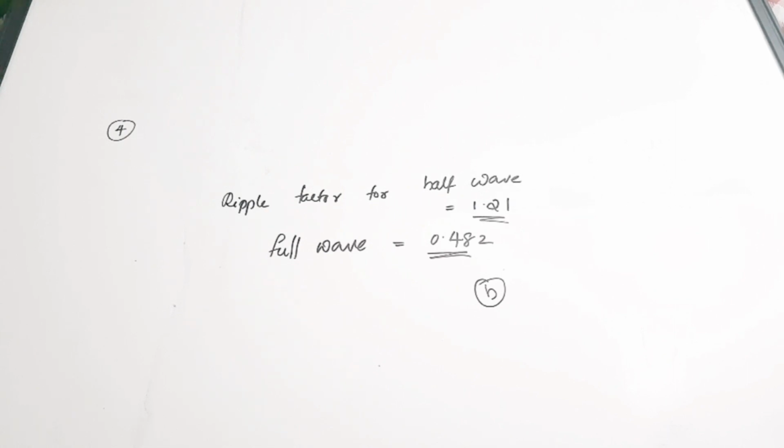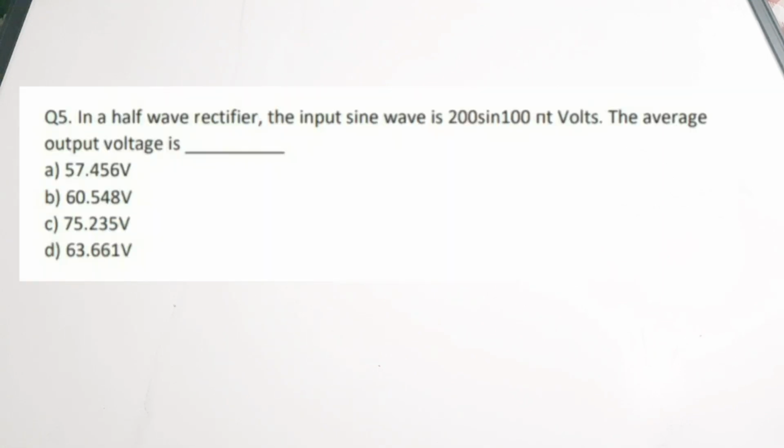Next question. It is the fifth question. Fifth question is, in a half wave rectifier, the input sine wave is 200 sine 100 pi t volt. The average output voltage is dash. So how will you calculate the value of average output voltage?